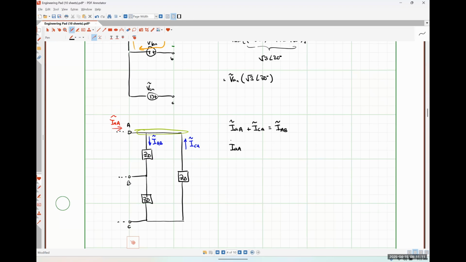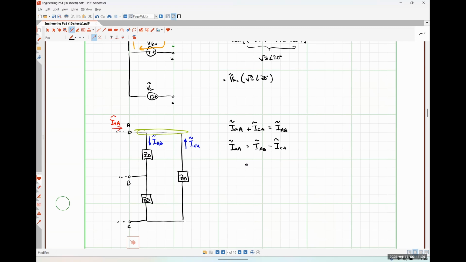So putting my line current on one side and my phase currents on the opposite side, I get this relationship.